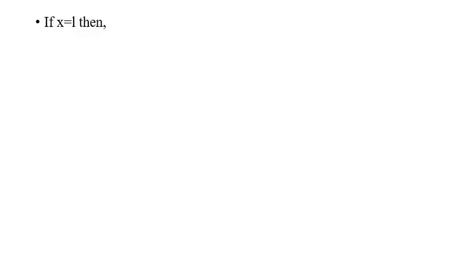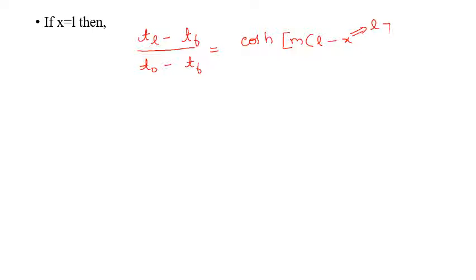If x is equal to L, then I can modify the formula as (TL minus TF), where TF is the fluid temperature, divided by (T naught minus TF), the base temperature difference, should be equal to cosh m(L minus x). Here we have taken x equal to L, divided by cosh mL.